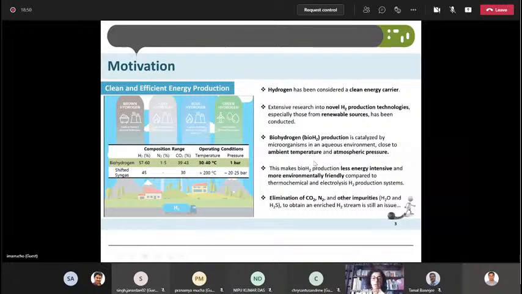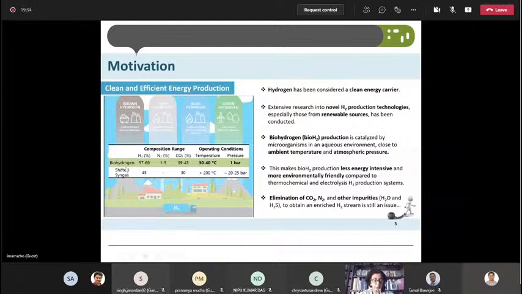While we do not get there with polymeric ionic liquids, I'm here going to talk a little bit about biohydrogen production, which is actually produced by microorganisms in aqueous environments. The conditions are very mild: room temperature and atmospheric pressure. There have been a lot of efforts from biotechnology companies to really produce biohydrogen, and thus the need to purify the biohydrogen. So we are also going to focus here on CO2, H2 gas separation.